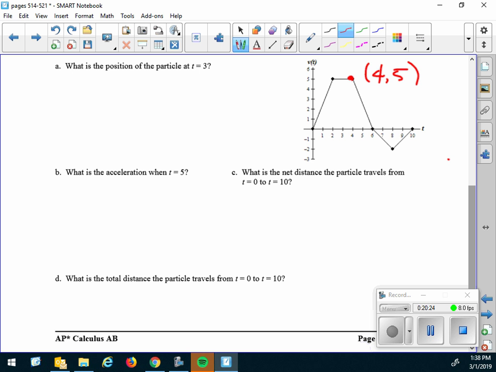So what is the slope between 4, 5 and 6, 0? y2 minus y1 over x2 minus x1?